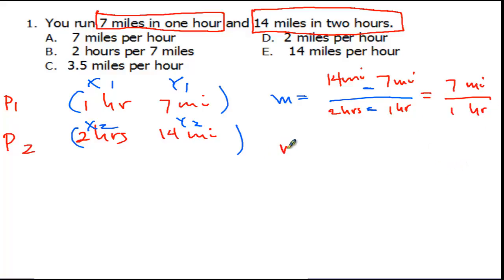So the rate of change is 7 miles per hour. It means that my slope is positive. It means that the number of miles that the runner is traveling is increasing over a given period of time. So what's our answer? It should be 7 miles per hour.